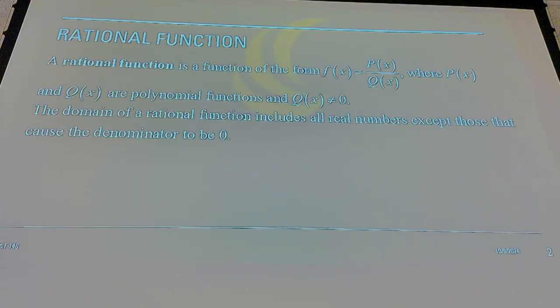Domain is all real numbers except those that cause the denominator to be 0. In mathematical notation, it is the set of all real numbers x such that q of x is not 0.